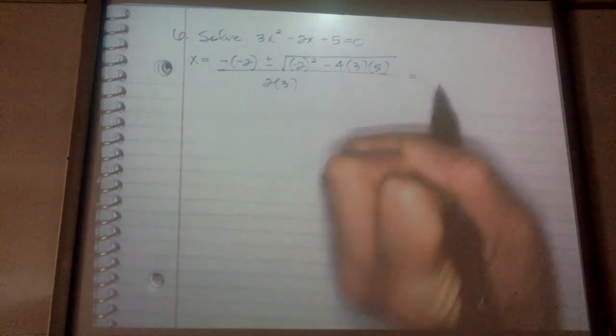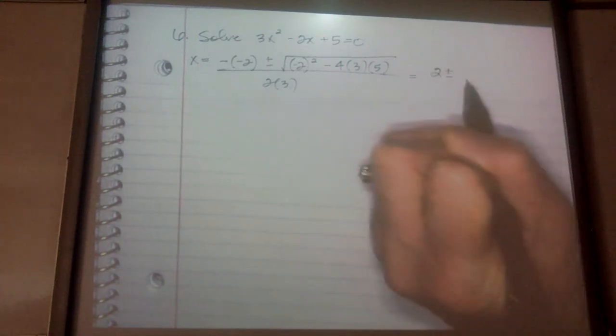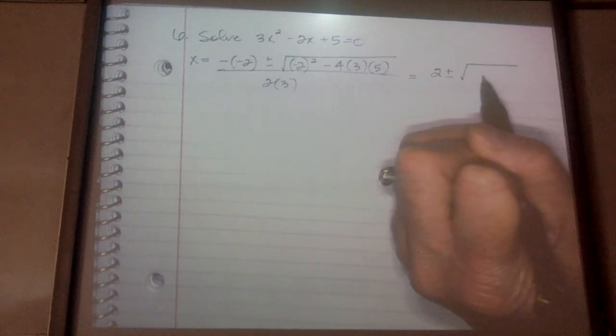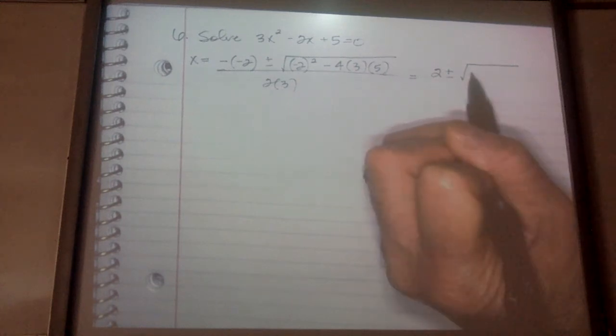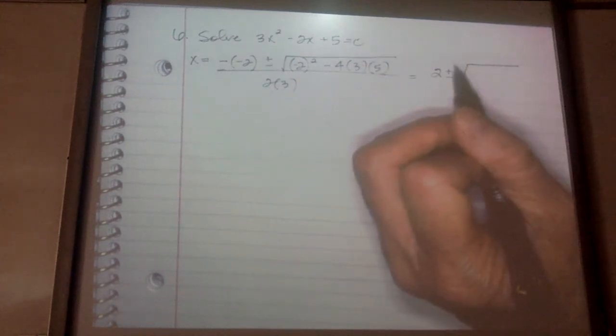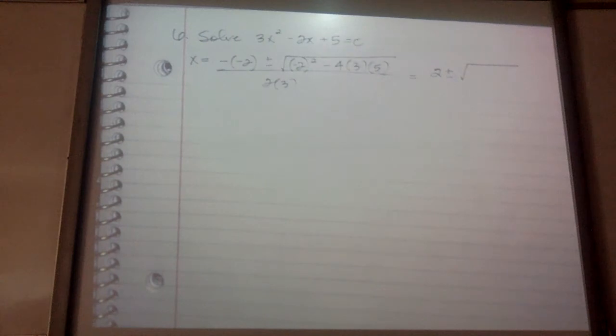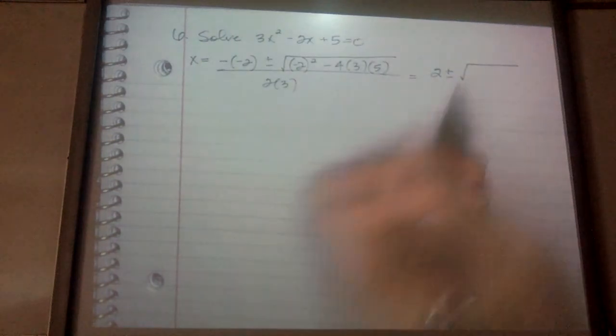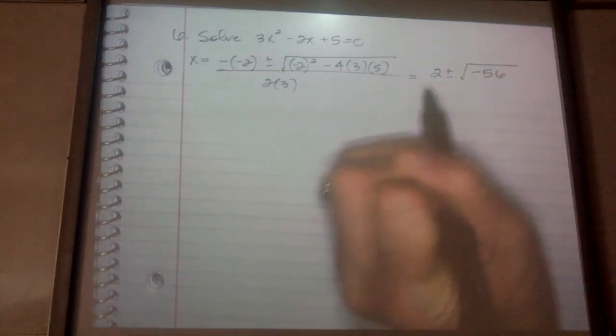So I'm going to simplify that. That gives me 2 plus or minus the square root of 4 minus, I got negative 56, all over 6.